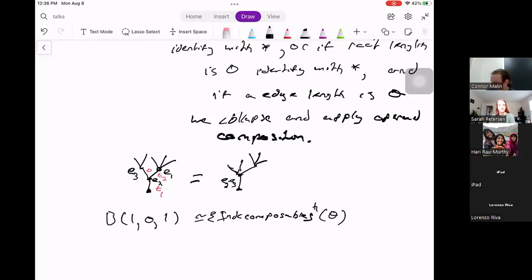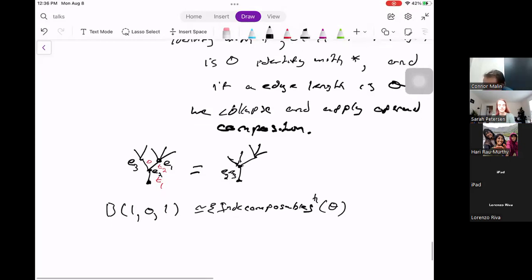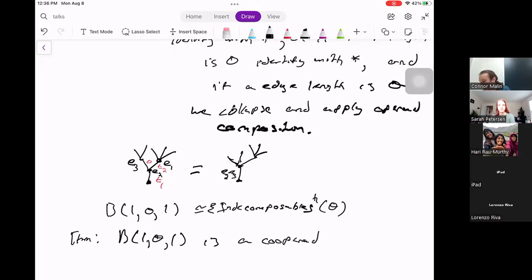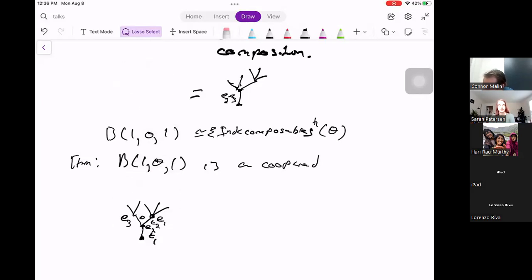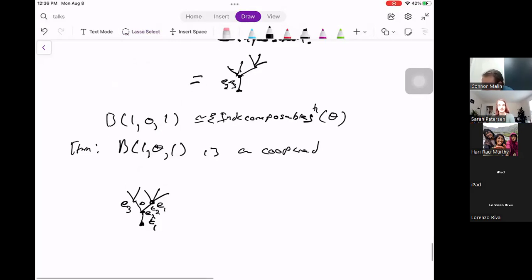But there's a more important property, which is that this bar construction is actually a co-operad. So the bar construction is a co-operad in the following way. Let's see if I can select this. All right, congratulations to me.